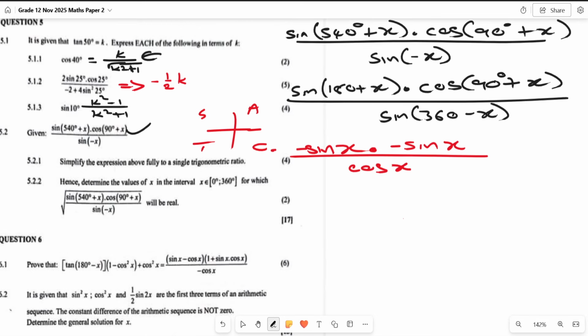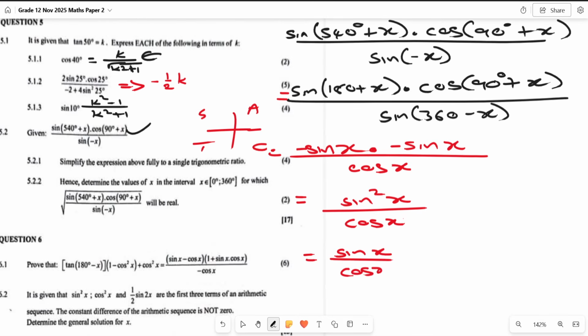So in the numerator we have sine squared x, and in the denominator we have cos x. This is the same as saying sine x over cos x times another sine x over 1, which is tan x times sine x.